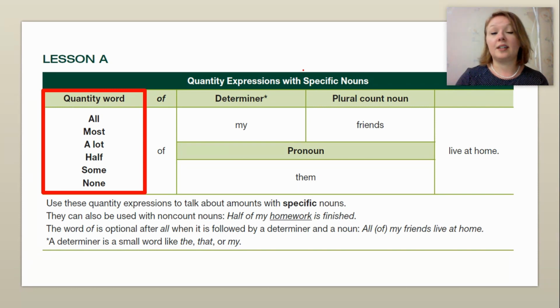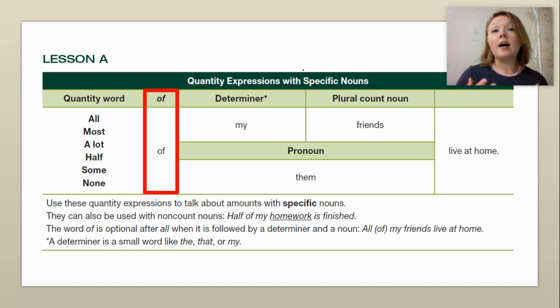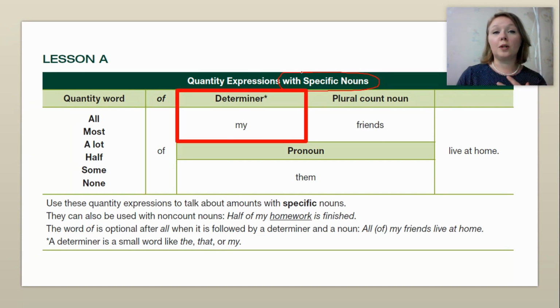So we have our 6 terms: all, most, a lot, half, some, and none. Then we see the word of. So here we're looking at quantity expressions with specific nouns. And we'll talk more about that in just a moment. So we can say all of, a determiner like my. And we see here that a determiner is a small word like the, that, or my.